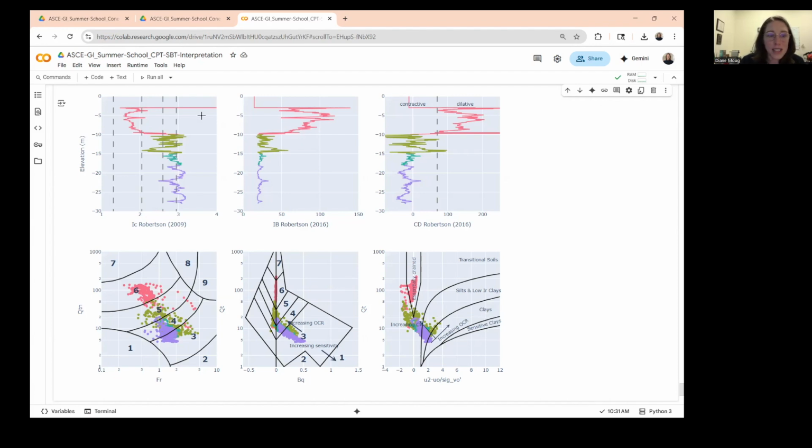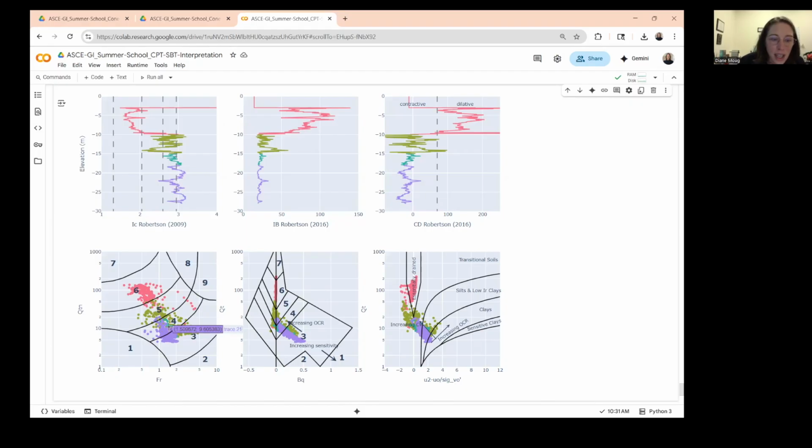I'll note for now that this upper layer to about 10 meters tends to cluster in zone 6 with sands on both of these plots, and it plots as essentially drained sands on the Schneider plot, which is generally consistent with the others as well.